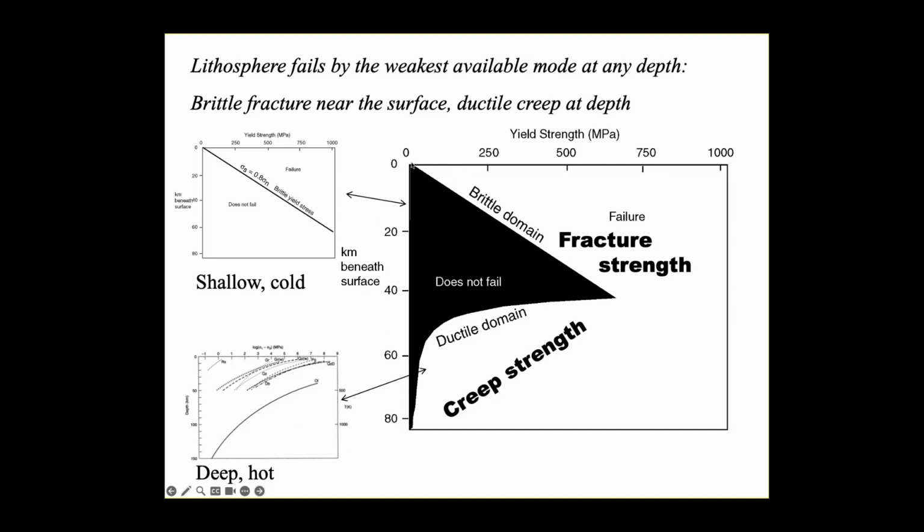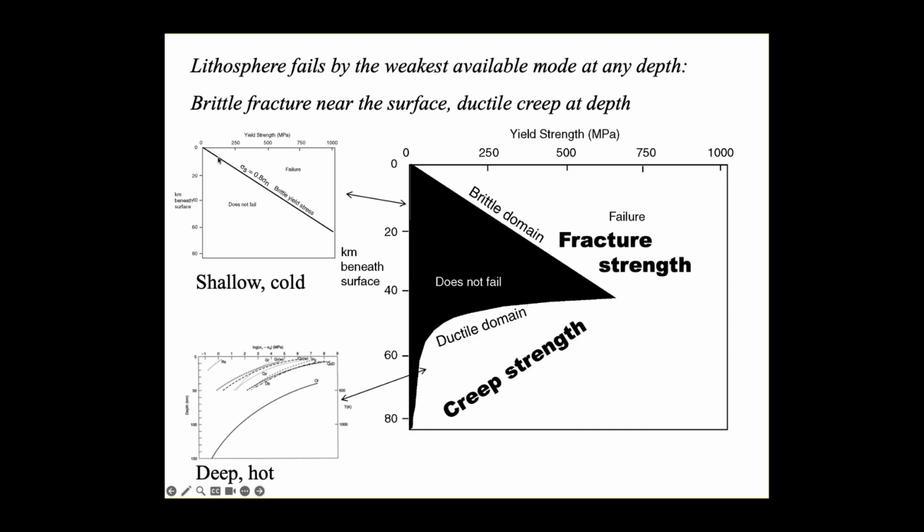This is a sort of typical strength profile for the Earth down to about 80 kilometers depth. So in all cases, the lithosphere will fail by the weakest available mode at any depth. Near the surface, where it's relatively cool, it's going to be Byerlee's law that controls rock strength.